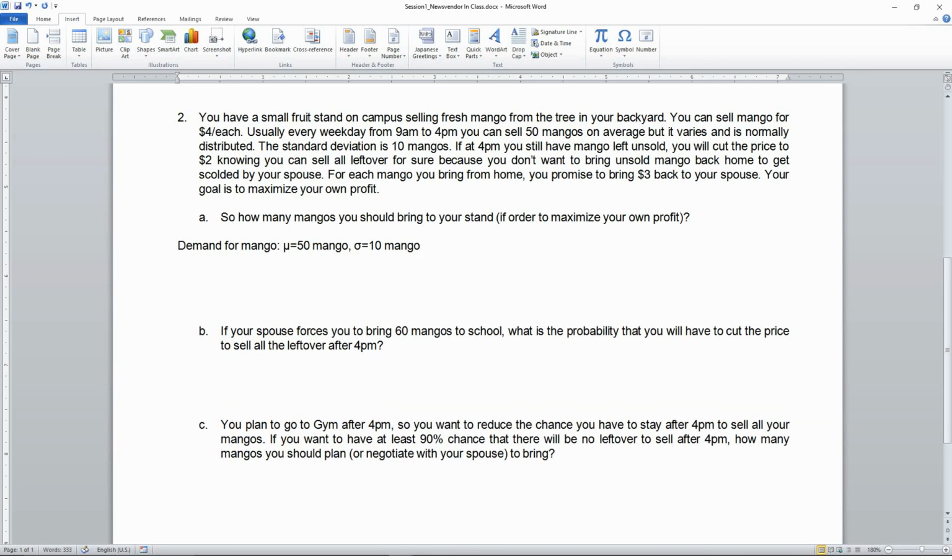And our price is $4 a mango. And our cost, that's how much we have to give our wife or husband or whatever, is $3 a mango.